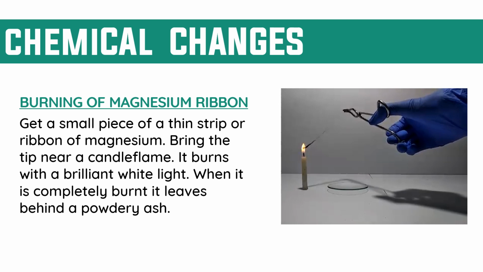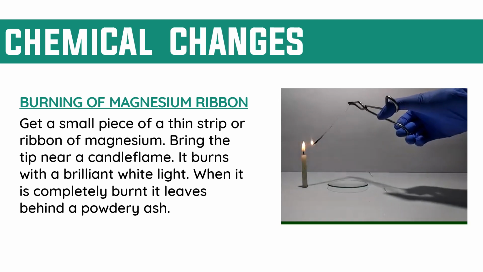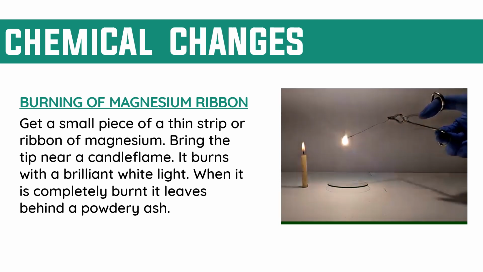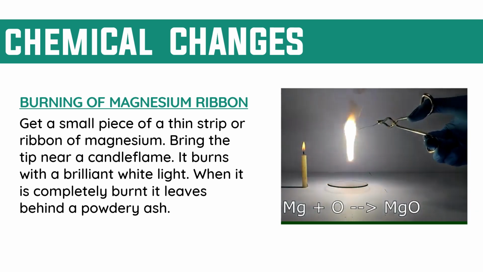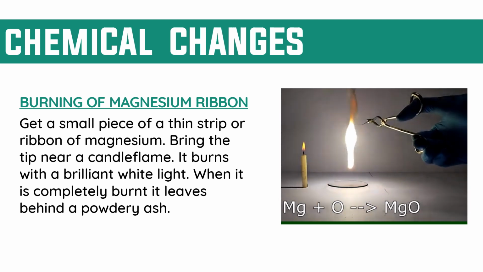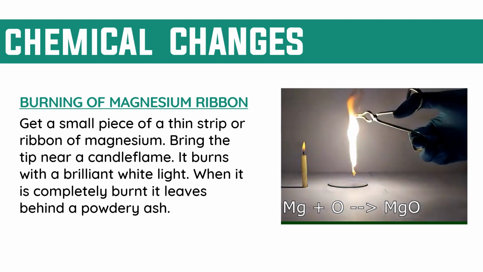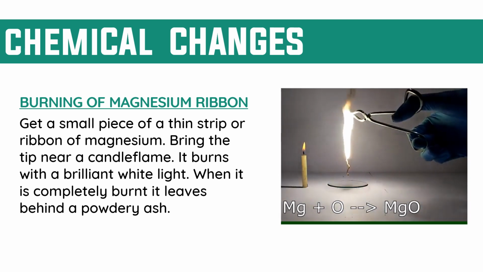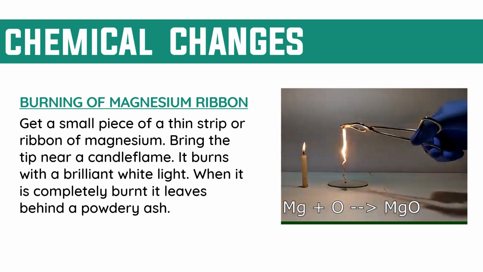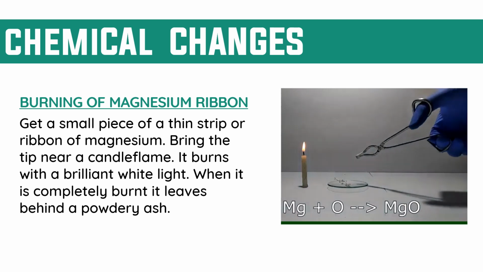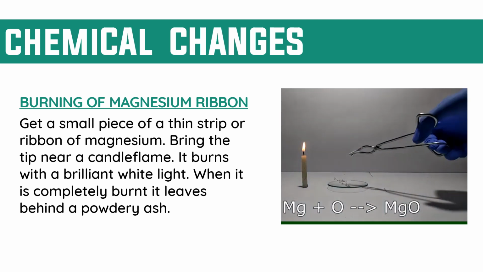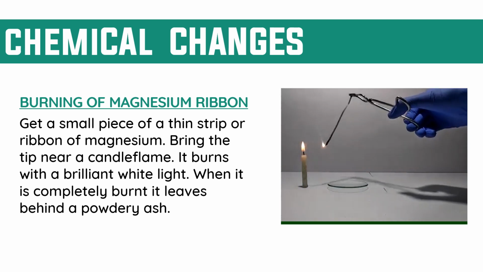So we will see the video also here. See, burning of magnesium ribbon, and he collected that ash in this glass. See, this is the ash. I'm showing once again.